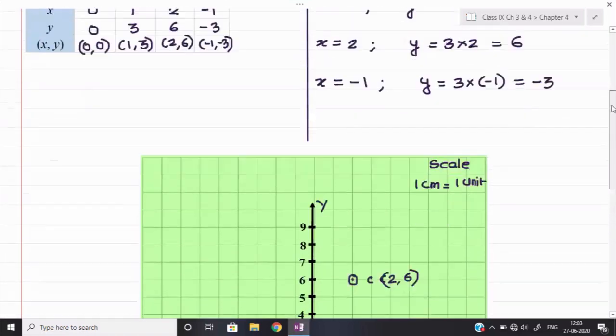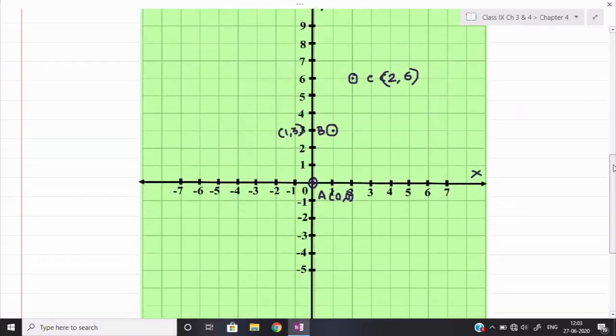You can check. So the value of x is -1. Where is -1 on the x-axis? It lies here, and from this I will go in the downward direction, and here I will mark x equal to -1 comma -3. This point is point D.